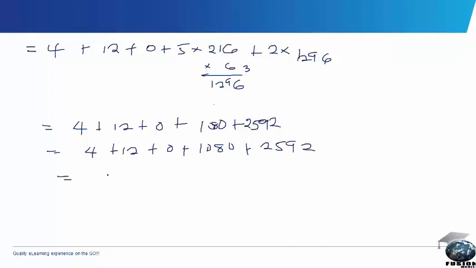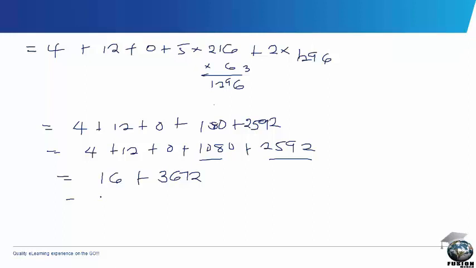You can now sum up the numbers to get the actual digits in base 10. 4 plus 12 gives you 16, plus adding up these two numbers, you have 2 from this point. 8 plus 9 gives you 17, you carry 1. 5 plus 0 is 5, plus 1 you have 6, and then 2 plus 1 gives you 3.